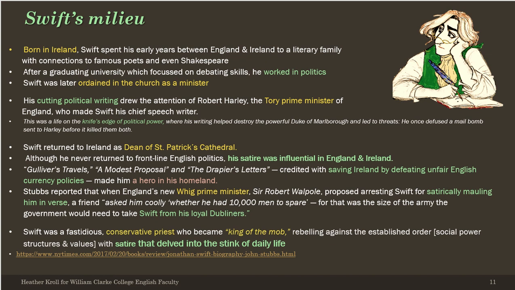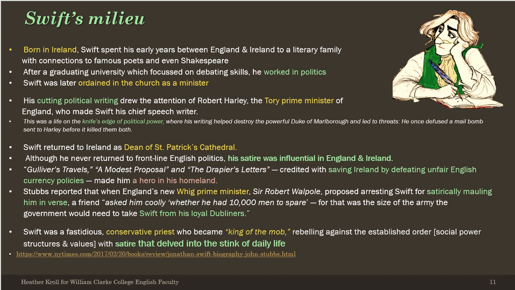Stubbs reported that when England's new Whig Prime Minister, Sir Robert Walpole, so he's the dude who followed Robert Harley, who was the Prime Minister that Swift worked for, he proposed arresting Swift for satirically mauling him in verse.